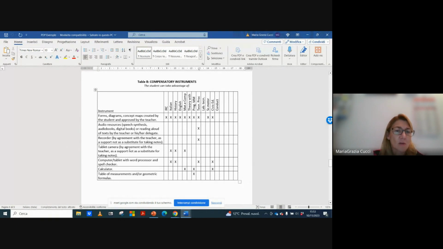Tablet camera, of course, you need a tablet camera if you have it. Also for that, it is important to make an agreement with the teacher to state if in this situation it is important to have it or not. Computer, tablet with the word processor and spell checker.